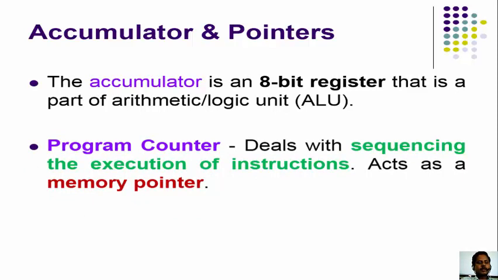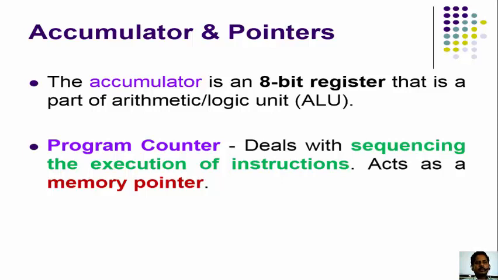Special purpose register, that is program counter, deals with sequencing the execution of the instruction and acts as the memory pointer. The user program which is available in the program memory gets executed one by one in coordination with the program counter.